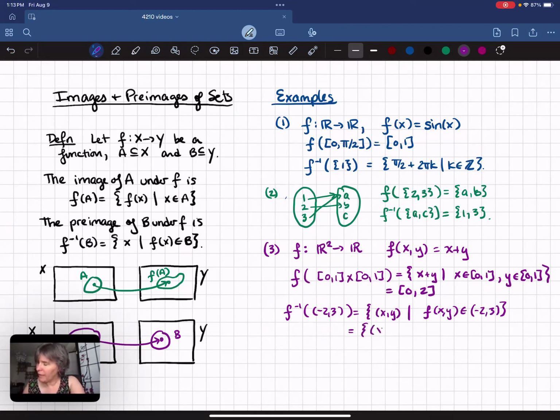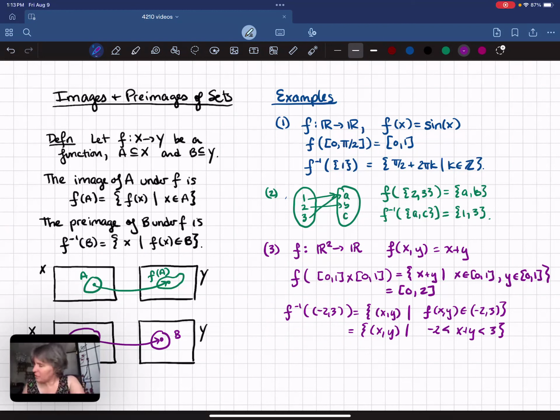I can rewrite that as the set of all x comma y such that -2 is less than f of x y, which is x plus y, which is less than 3. And honestly, I could just stop right there. I think that's my answer.